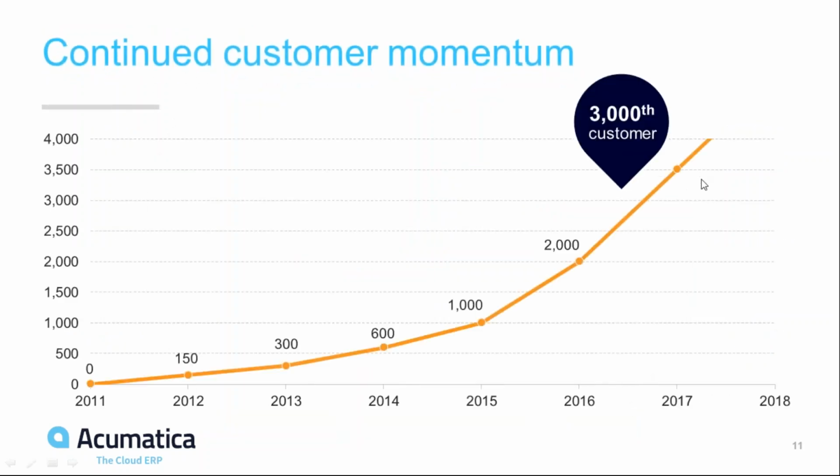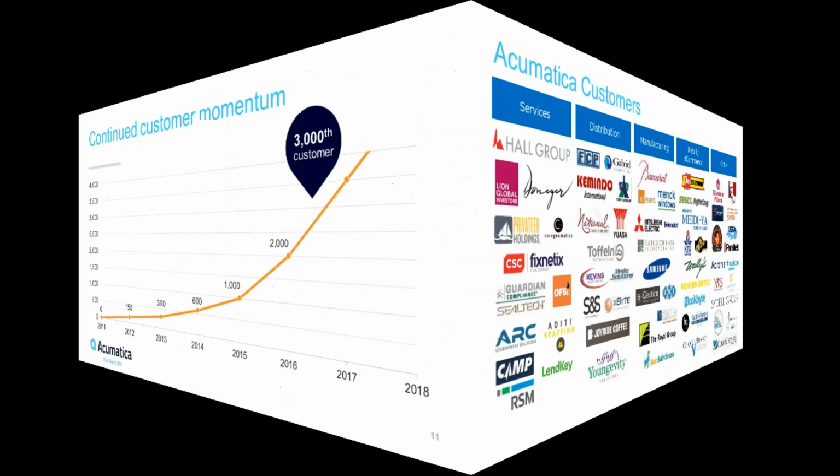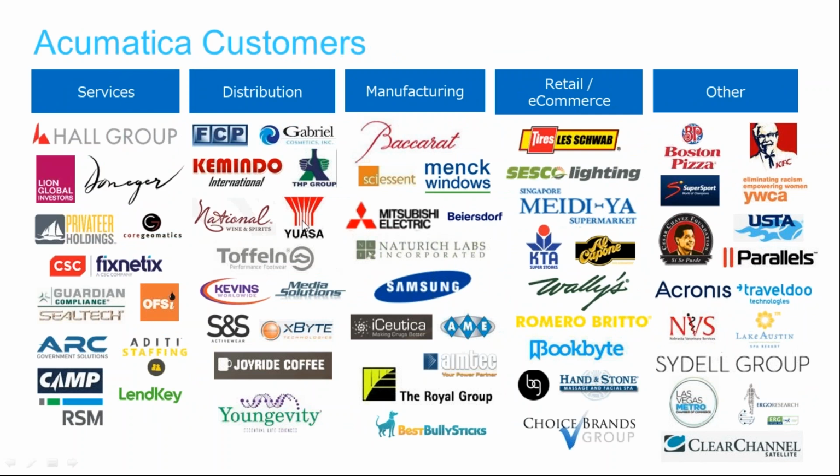This is really almost 4,000 right now, and these are just some of the customers. You'll see that there is a strong following in manufacturing and distribution and retail e-commerce. We do have quite a few companies in the service world that use our project accounting. The solution I'm going to show you is the construction application, which is just an extension of their project accounting system.